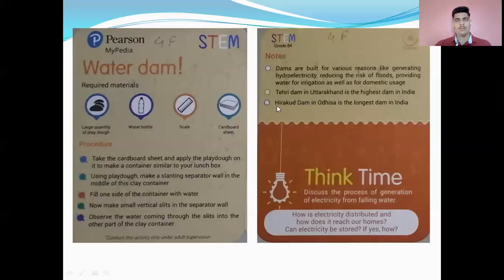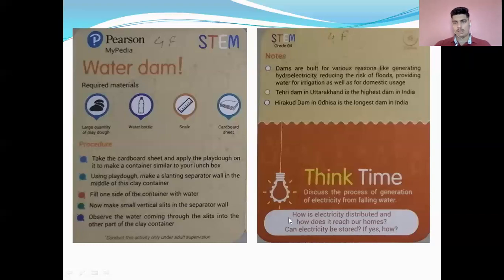And another is that Hirakud Dam in Odisha is the longest dam in India. Now, here's the question. Discuss the process of generation of electricity from falling water, which we have discussed earlier, and how is electricity distributed and how does it reach our home, and can electricity be stored?